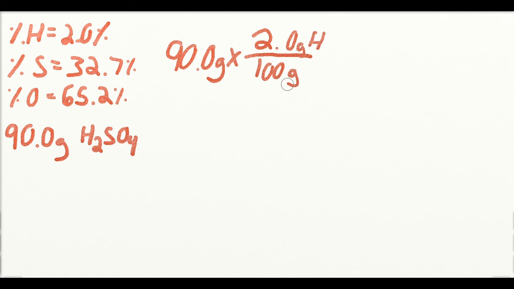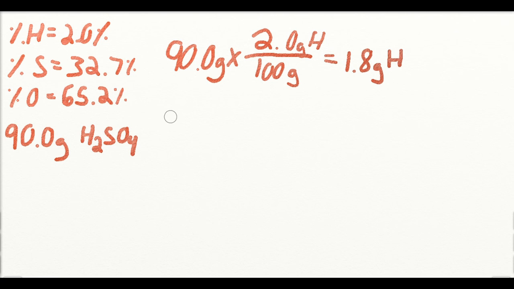The grams will represent sulfuric acid, the same for the 90.0 grams. Now, if we do the math carefully, it is going to be 90 times 2 divided by 100, which should give you an answer of 1.8 grams of hydrogen within sulfuric acid.